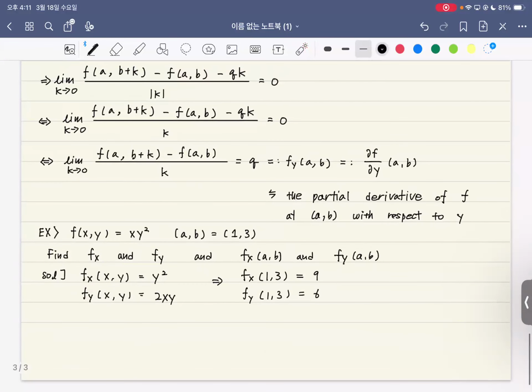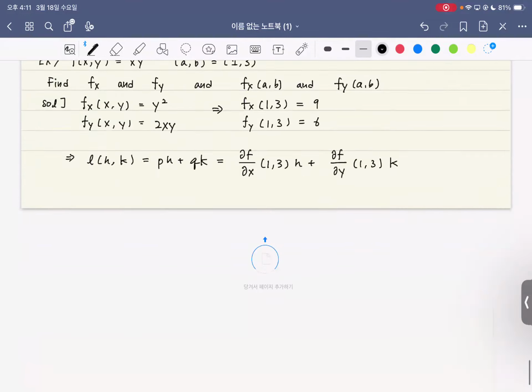So L(h, k) is just p h plus q k, but our notation convention is p is partial f partial x at (1, 3), and q is partial f partial y at (1, 3), times k.